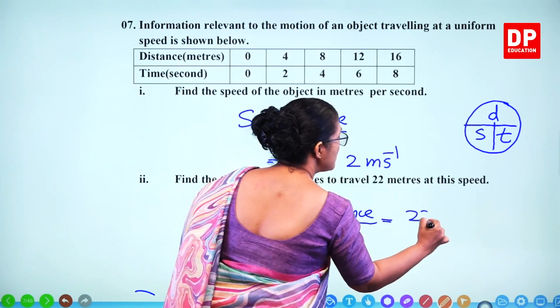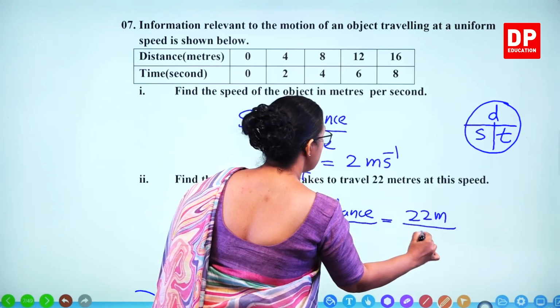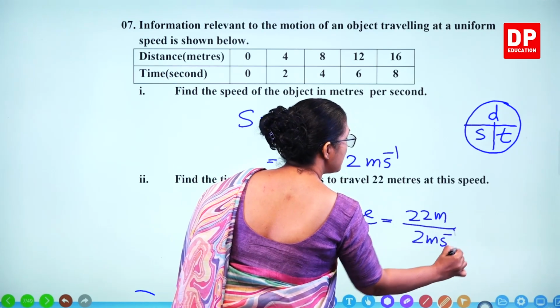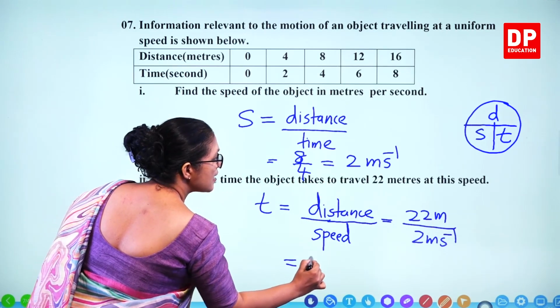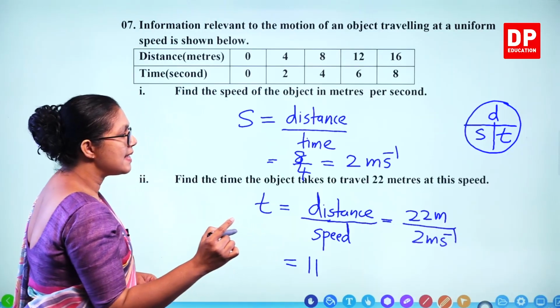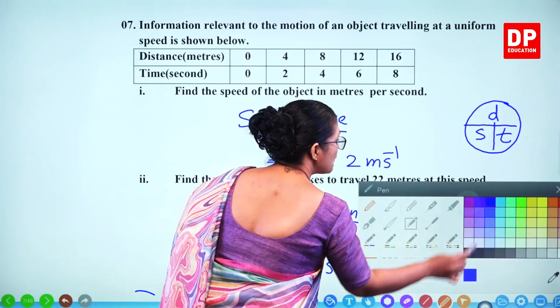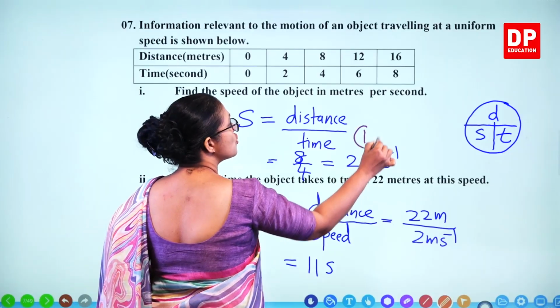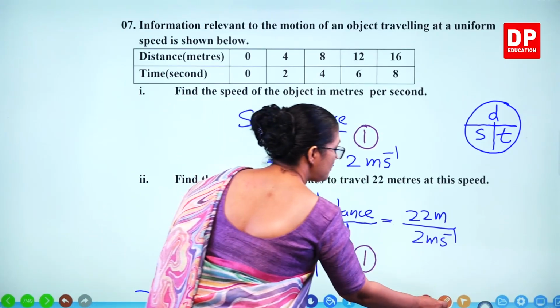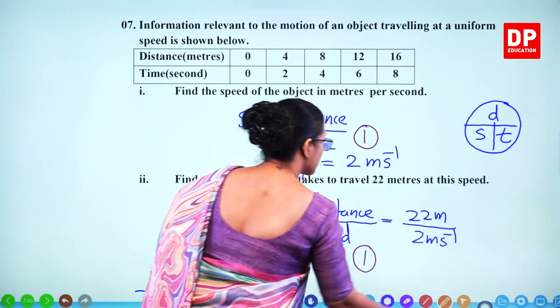Distance is given, 22 meters. Speed is 2 meters per second. When you divide, 22 divided by 2 is 11 seconds. So you get 1 mark each.